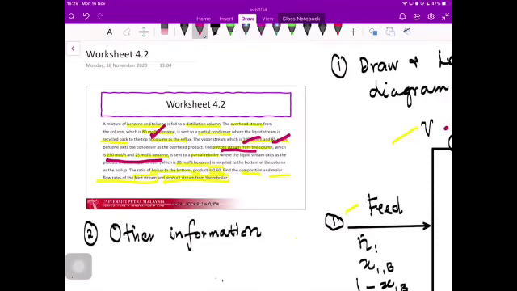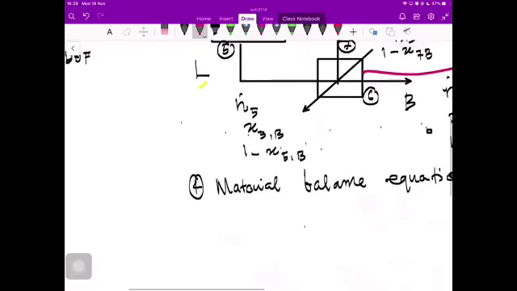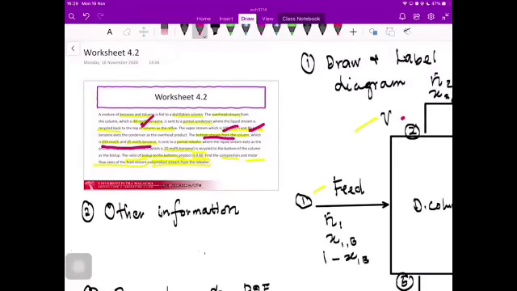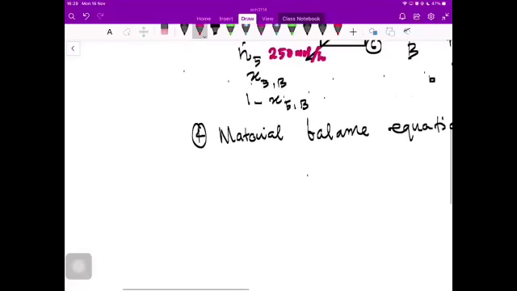So those are the informations we have to put in here. So it is said that this is 250 mole per hour. How much benzene do we have there? We have 25 mole percent of benzene, right?